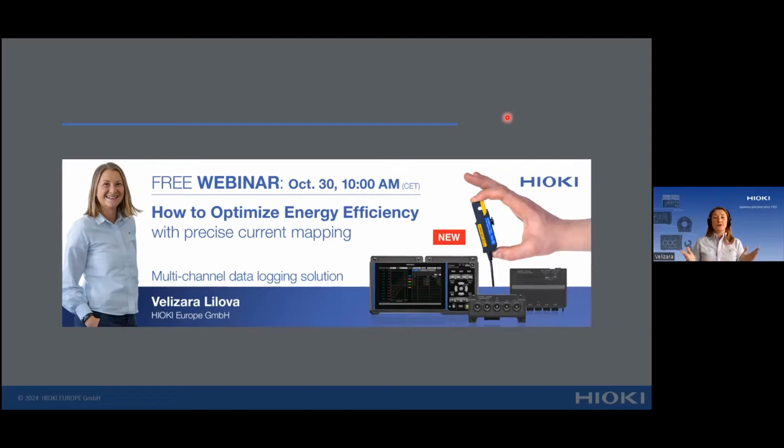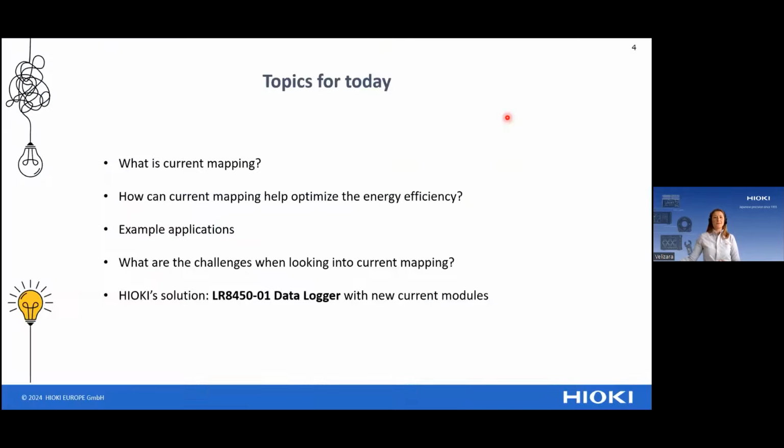I will be talking about current mapping and how it can help you optimize the energy efficiency of your products, systems, and maybe even processes. Shortly on the structure of the webinar: I will talk first about what current mapping is, what kind of information you can get from a current map, and how you can use this information to optimize the energy efficiency of your products. I will give you two examples, one a more general example on electrical products and one more detailed example.